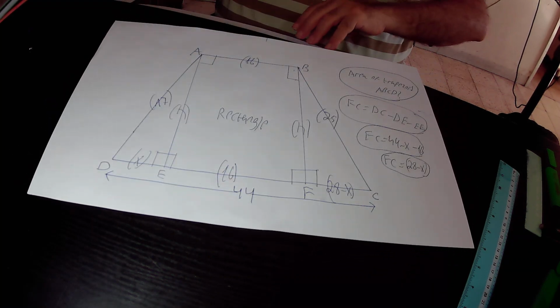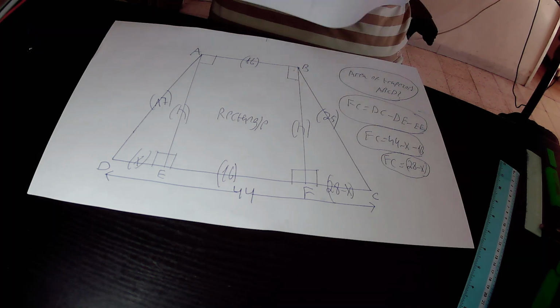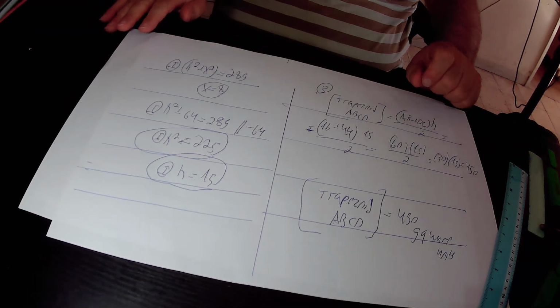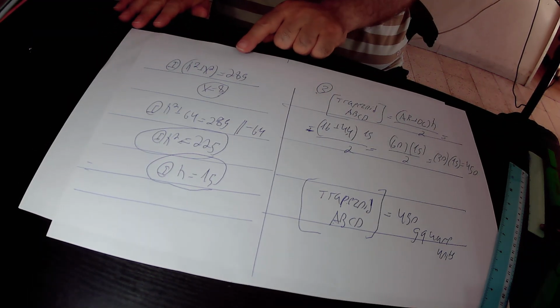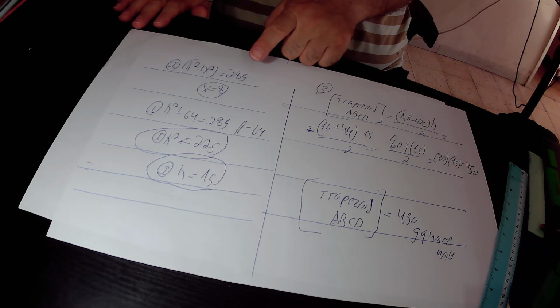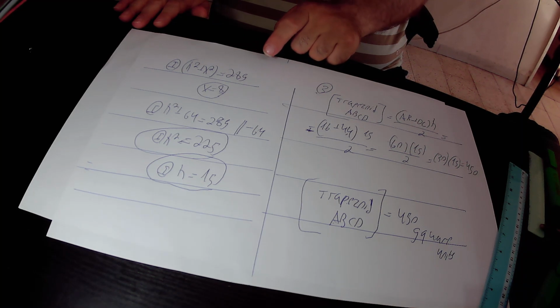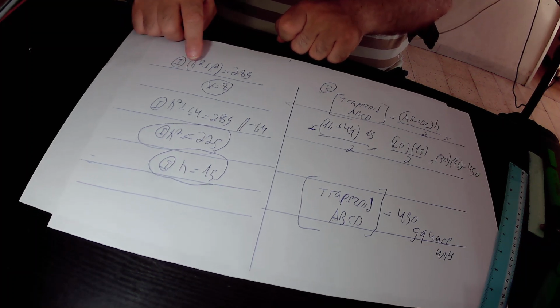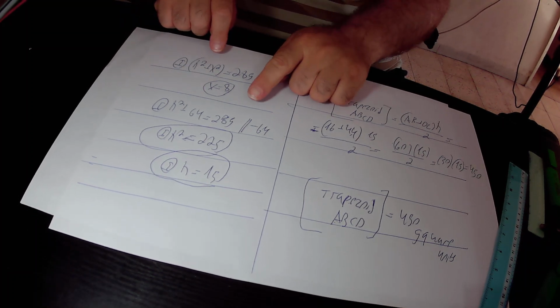Then I return back to equation 1. According to equation 1, H squared plus X squared equals 289, and we just found out that X equals 8. If X equals 8, it means that X squared equals 64. Therefore we substitute X squared in equation 1 by 64, so H squared plus 64 equals 289.